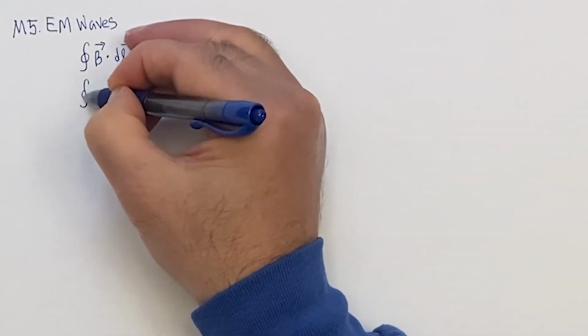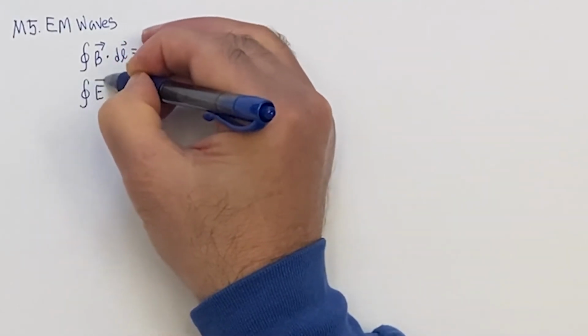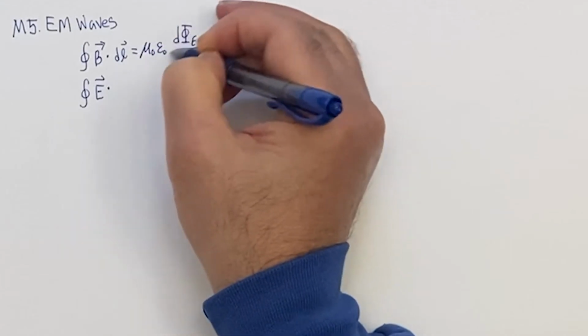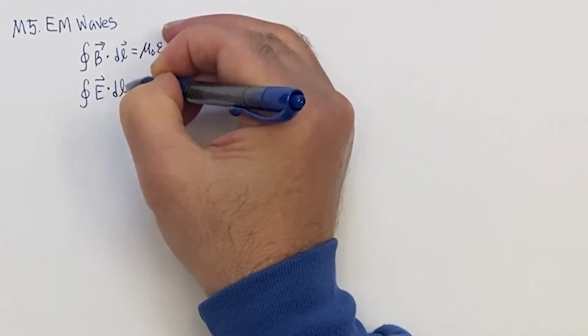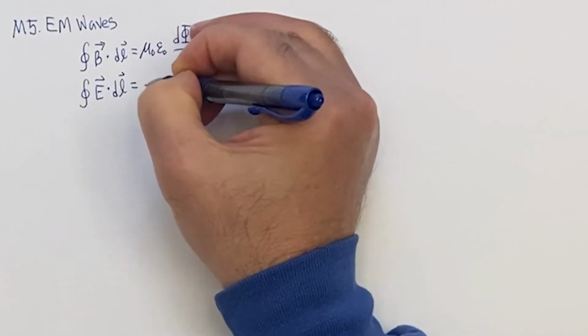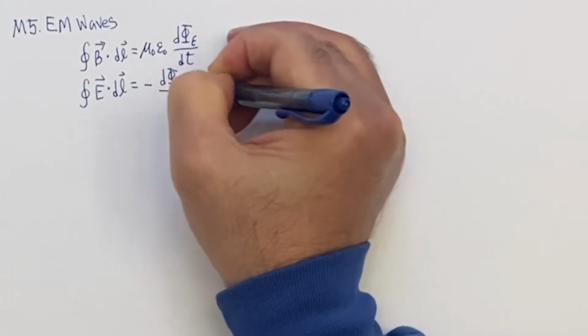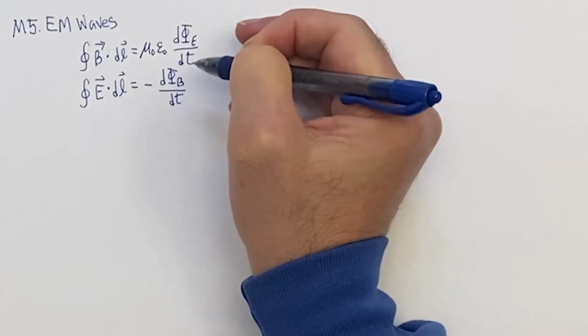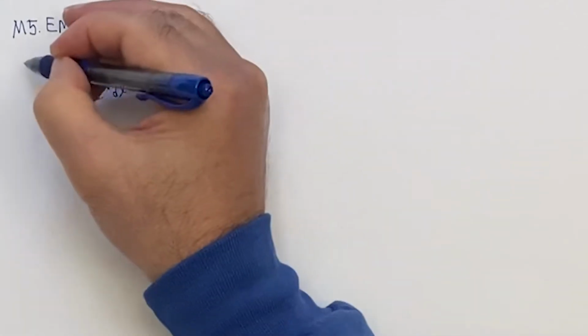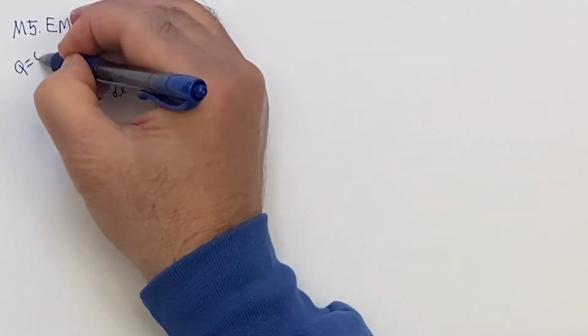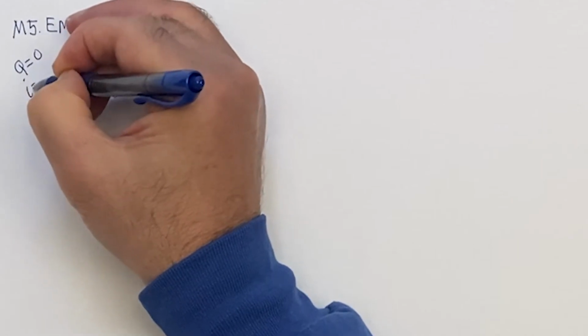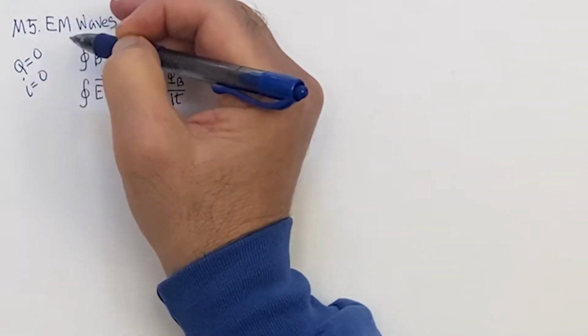And then here would be E, so that's the Maxwell piece. And then here we're looking at Faraday's law, minus d, the magnetic flux, dt. And just to emphasize, we have set Q to be 0 in the Maxwell equations and I to be 0.